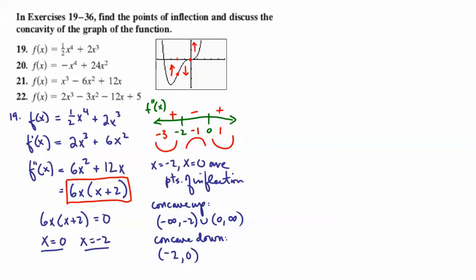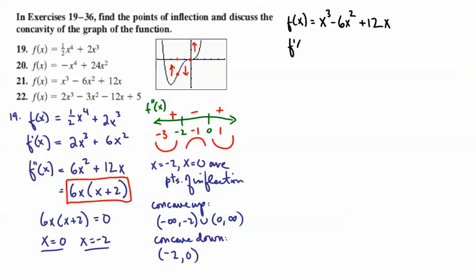For number 21, we have f of x is equal to x cubed minus 6x squared plus 12x.